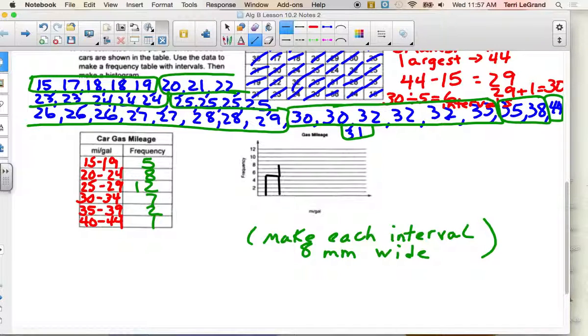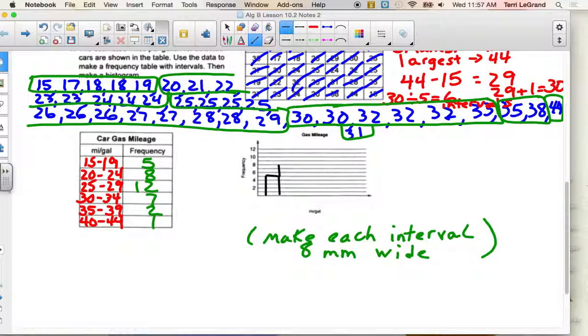You will measure across another 8 millimeters. This next one has to be 8 millimeters wide also. They have to be equal width. There should be no space between these bars, they're back to back. Back to back bars is a histogram; with gaps you're making a bar graph, not a histogram.